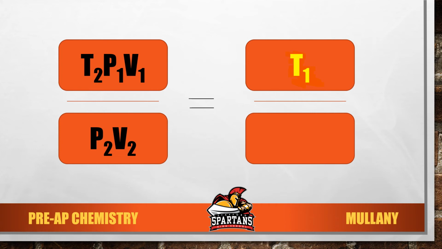Now I'm going to take a minute here and teach you one extra bonus thing. Okay, here we go. First thing, notice the T2 is here. And some people say, hey, I put T2 over there on the right. Does that matter? And the answer is no, it doesn't matter.